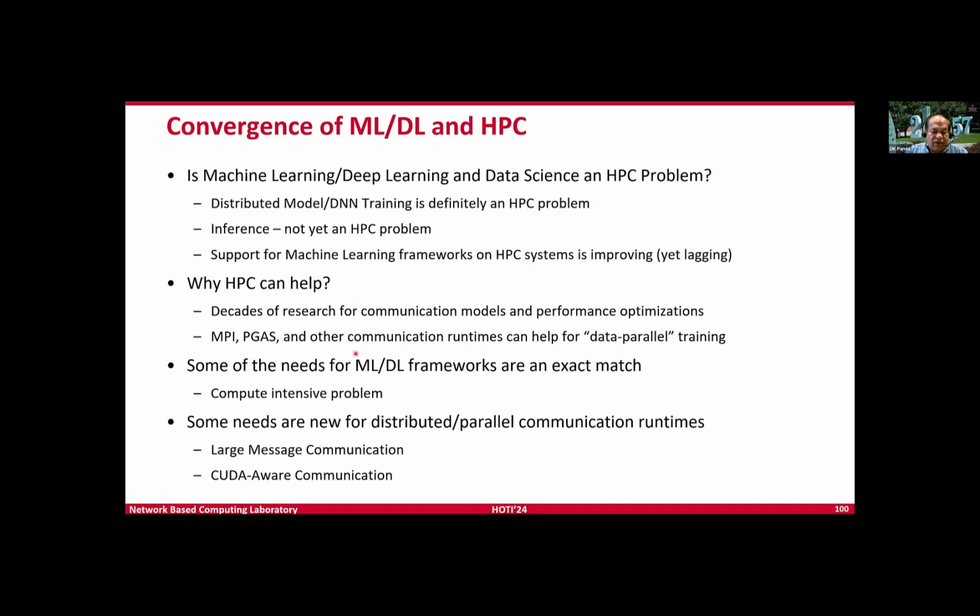In all the very latest systems, if you take a look at the Top500, previously they used to present only HPL, the High Performance Linpack. Now, along with HPL, people are also coming up with FP32 and FP16 numbers. These are called the AI performance. So all the machines are now trying to report both kinds of performance.